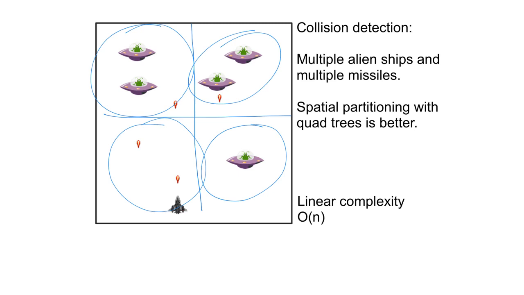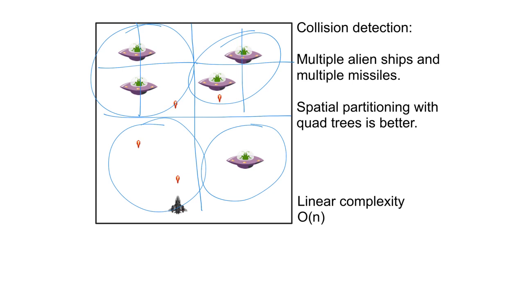So what the algorithm actually does is further divide the quadrants into smaller quadrants, if necessary, if the number of objects within a quadrant becomes too large. Now, this algorithm, called spatial partitioning with quad trees, is extremely efficient, and you could have thousands and thousands of objects on the screen all moving simultaneously, and the collision detection algorithm would still be extremely efficient.